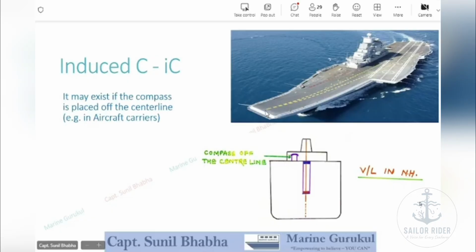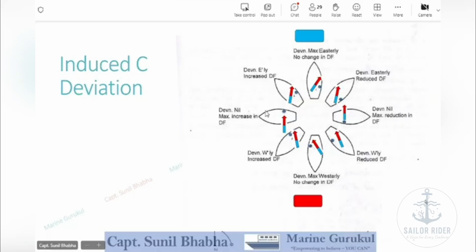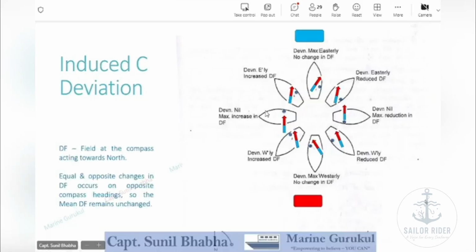Moving ahead now. Let's now discuss the deviation generated because of coefficient IC, induced C. We have assumed a ship which has a vertical structure to starboard of the compass location.